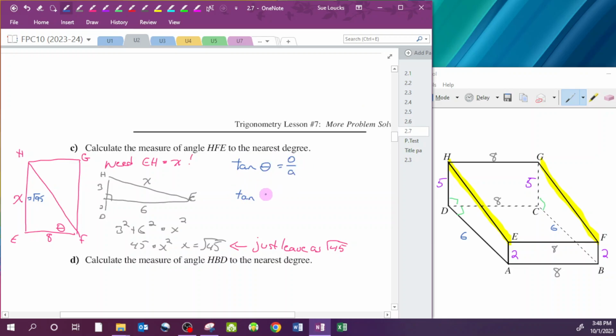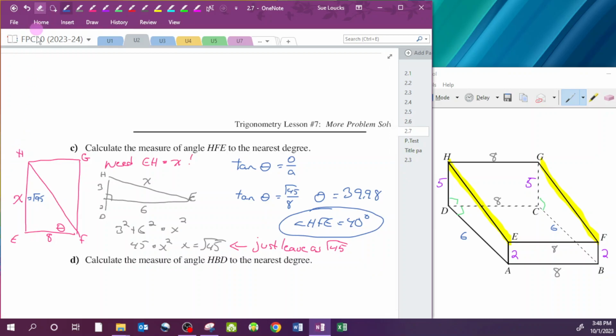So tan theta is root 45 over 8. So theta equals 39.98. Something else. So to the nearest degree, angle HFE equals 40 degrees. All right.